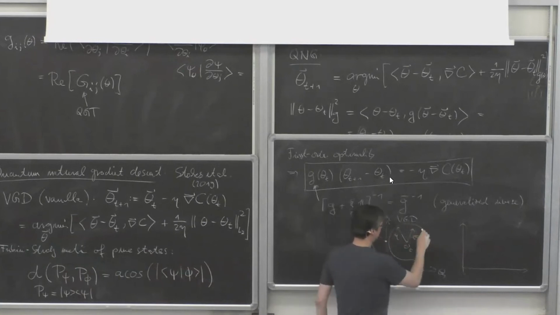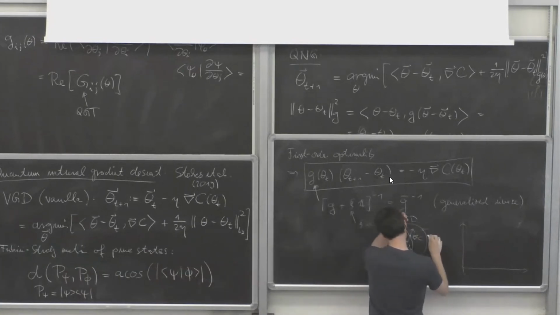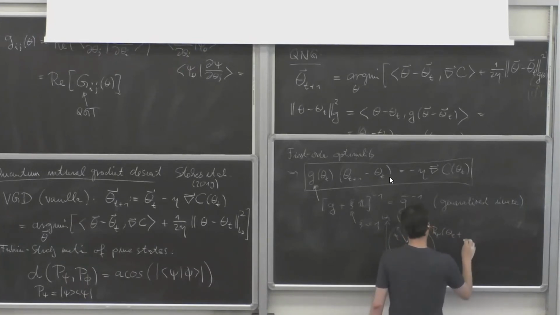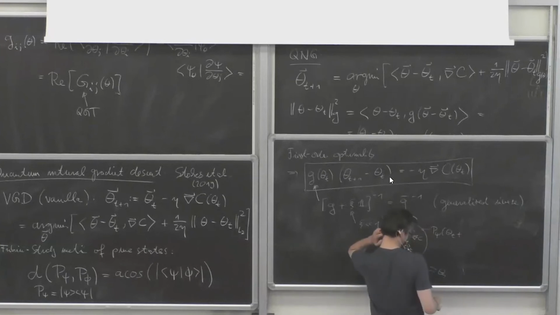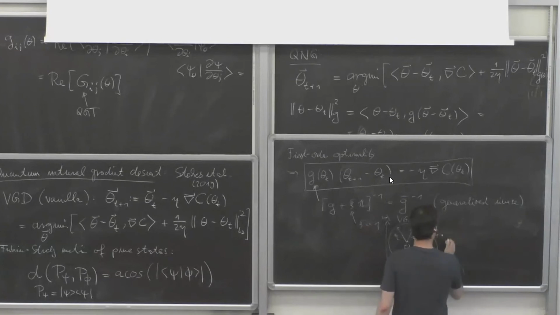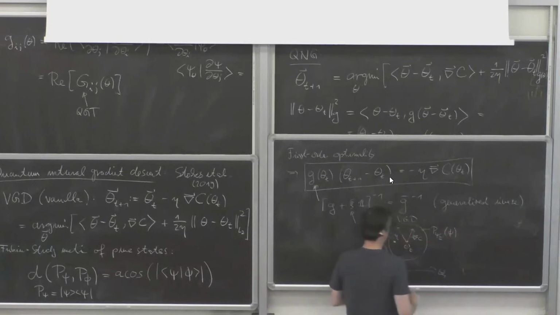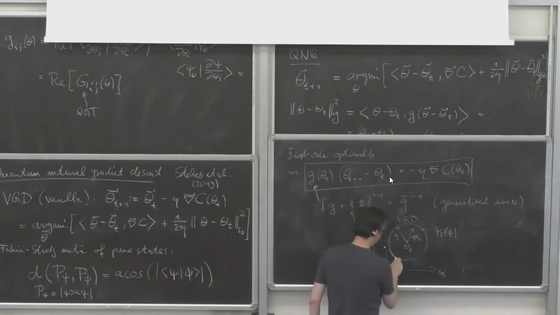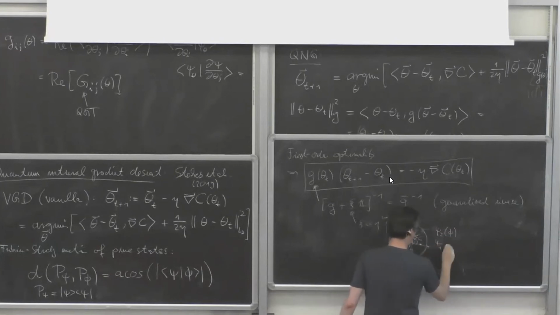So let me define some states psi of theta t plus, and psi 2 of phi are all the states that are living on the circle, and phi is an angle that I'm using to parameterize here. And psi 1 is the state psi of theta t.